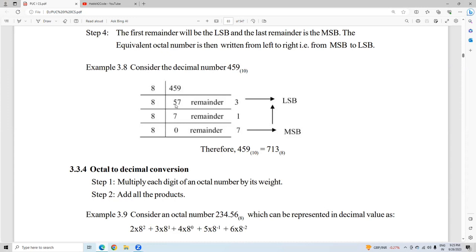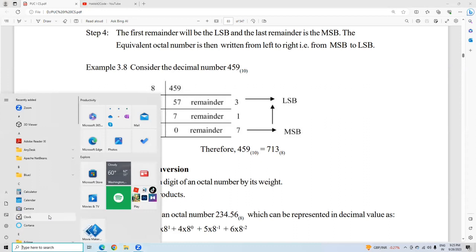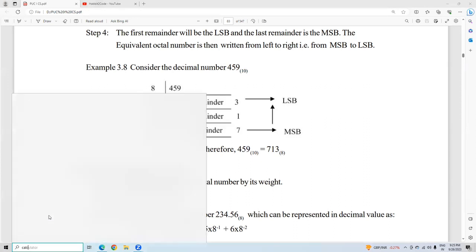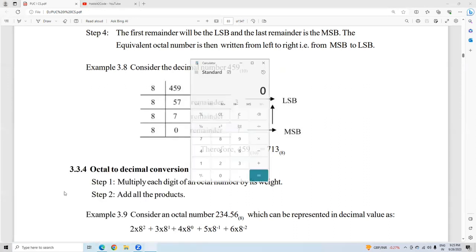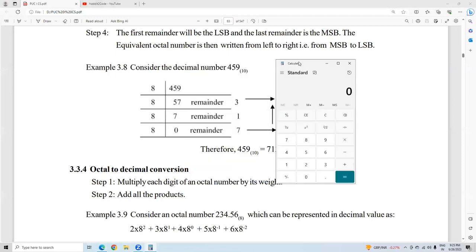So here 8, 57. 57 is the quotient, right? See, now here if I say 8 multiplied by 57 means 456. Remainder is 3, right?